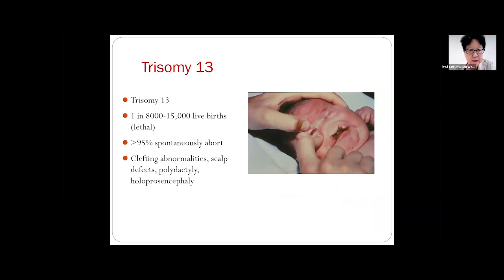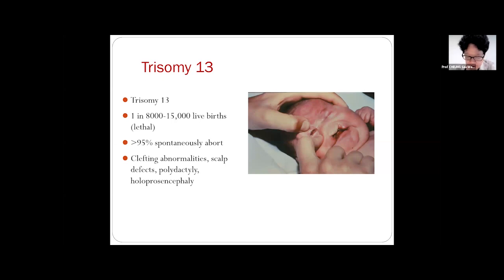The next one is trisomy 13. Trisomy 13 incidence is 1 in 8,000 to 15,000 live births. Trisomy 13 is similar to trisomy 18. 95% of them are spontaneous abortions, and they have clefting abnormality, scalp defect, polydactyly, and holoprosencephaly.